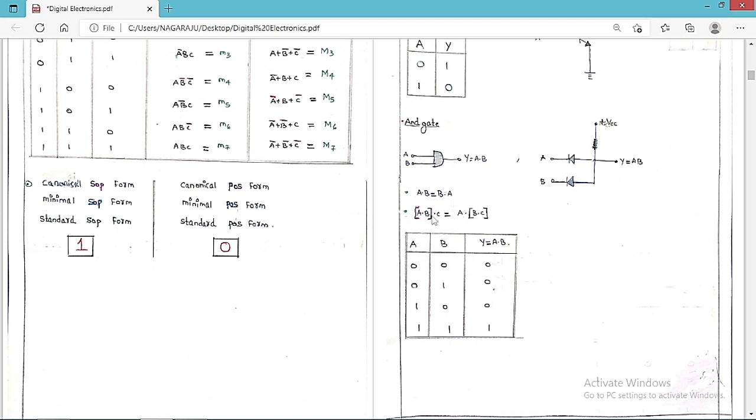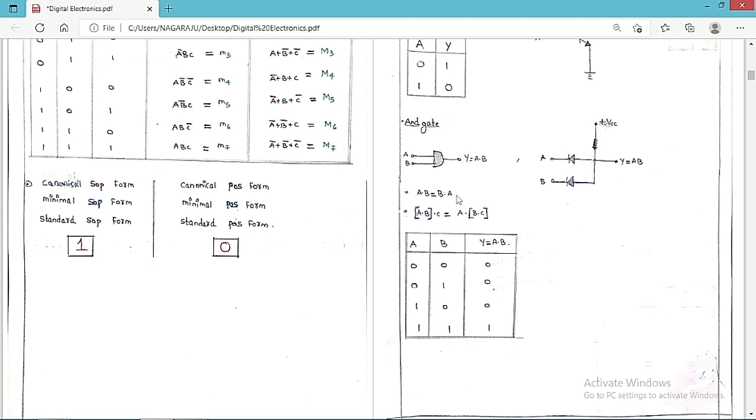A dot B dot C is always equal to A dot B dot C. It indicates that if you give inputs A and B to one AND gate with two inputs, and then feed its output with C to another gate, it is still the same as A dot B into C. You can see clearly that A dot B dot C is always equal to A dot B dot C. So this is called the commutative property, and this is called the associative property.